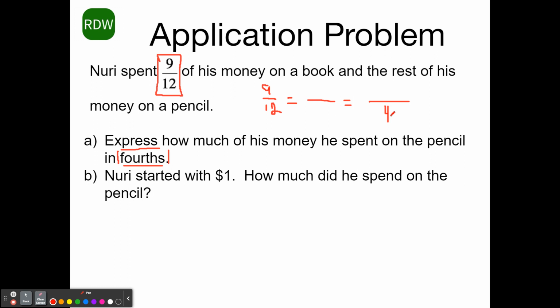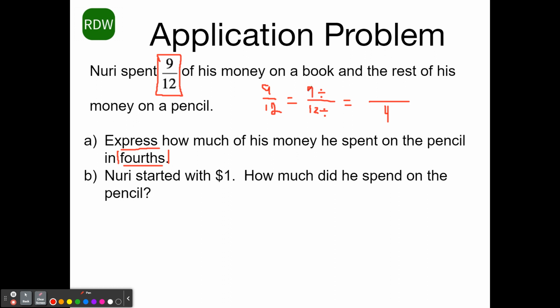Or would I divide 12 by something to end up with 4? I would divide because 4 is smaller than 12. I want to get smaller. So again, whatever I do to the denominator, I have to do to the numerator. I'm going to rewrite my fraction here.